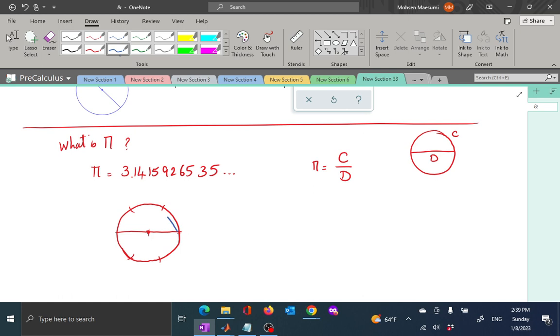So you can make a hexagon to fit inside your circle, and if your radius is 1, well, now you have a diameter of 2, and the circumference of this hexagon is 6, and 6 divided by 2 is going to be 3, and that's a recovery of this first digit here.